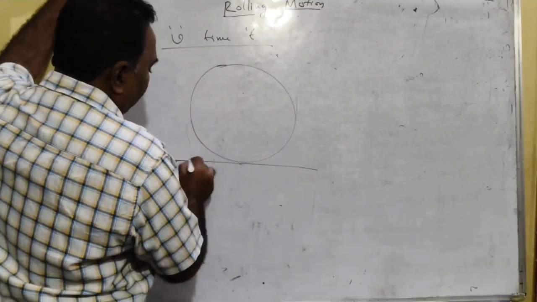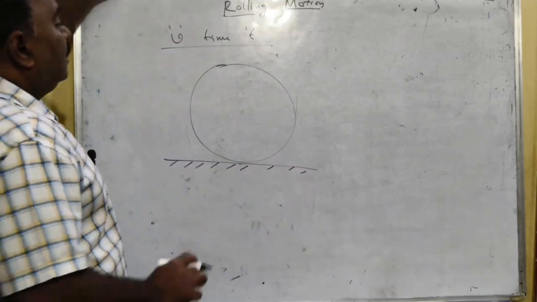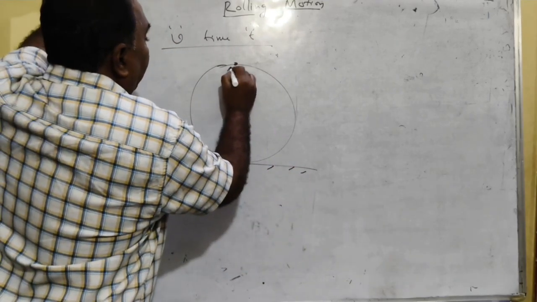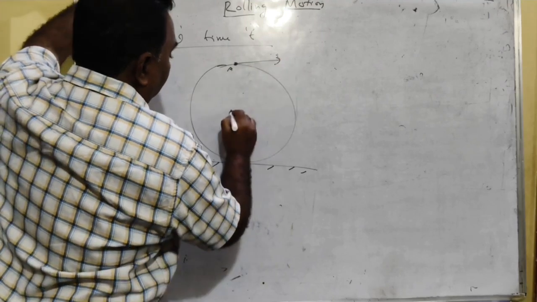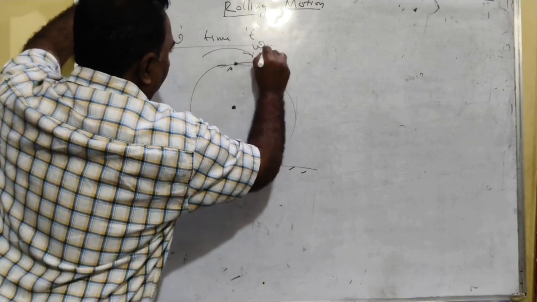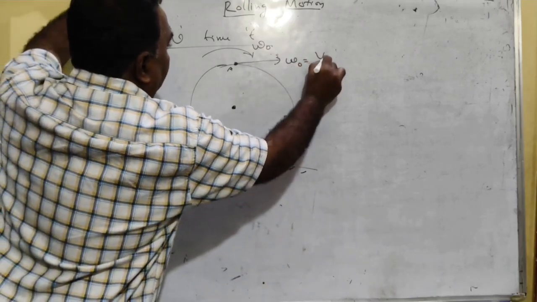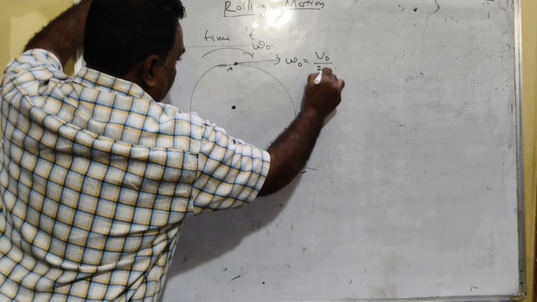Let a body be rolling on a horizontal surface, and let the top point A be moving. Its initial angular velocity is omega naught. Therefore, what is the angular velocity here? Let it be V naught by 2r.